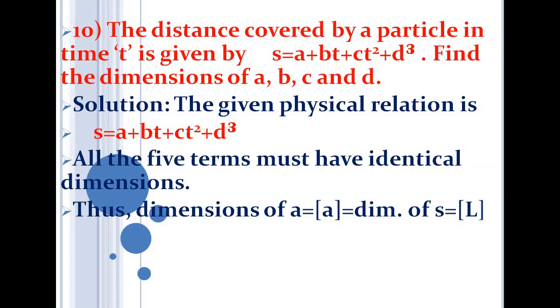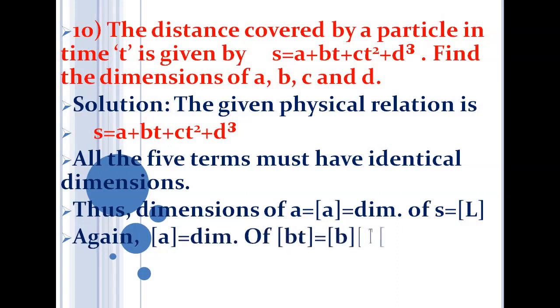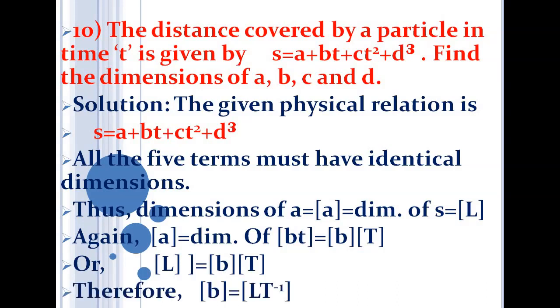Here s is the distance covered, so the dimension of s is L. As the dimension of a is the same as the dimension of s, the dimension of a is also L. Now again, the dimension of bt must be the same as the dimension of a. Here t is the time, and the dimension of time is T. So the dimension of a is L, and so is the dimension of b times T. So the dimension of b is simply L T minus 1. Similarly, we can find the dimensions of c and d as well.